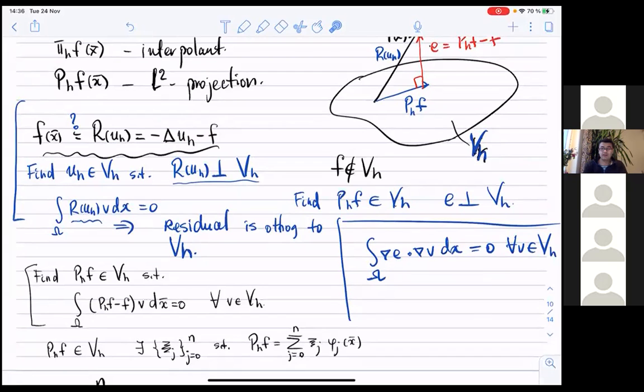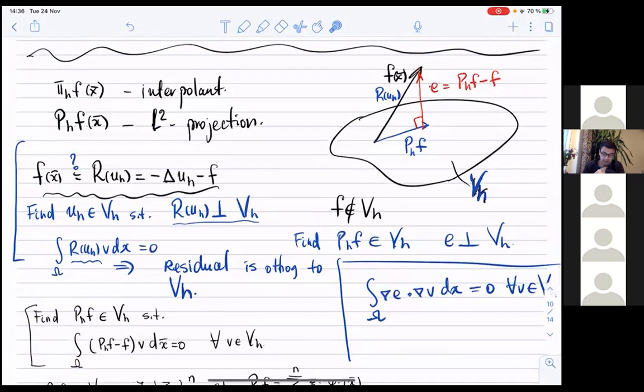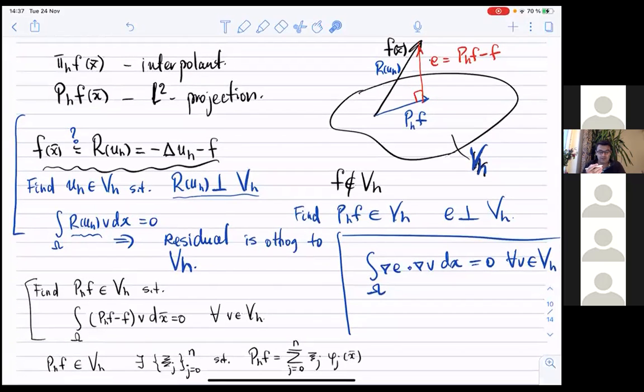So before, of course, a historical note: someone else came with this using approximation spaces that we constructed, Vh, but Galerkin comes and he said, how to choose this function space?